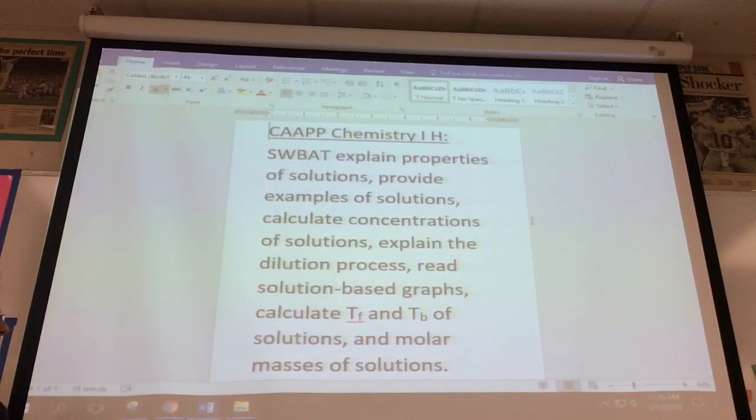And then finally we'll get into molar masses of solutes that have been dissolved in solvents. So you'll be using freezing point or boiling point information of a solution to calculate the molar mass of a solute in the long run, and it's from solution data.